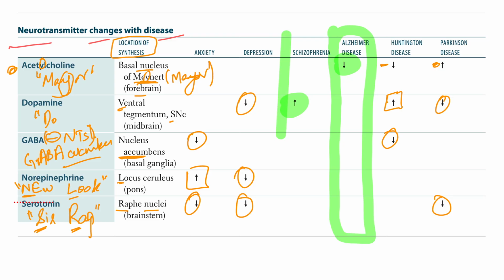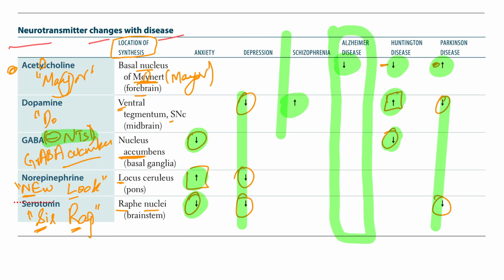In anxiety, you have low GABA, which is an inhibitory neurotransmitter, you have high norepinephrine, and you have low serotonin. In depression, you have everything low: dopamine low, GABA low, serotonin low. In Huntington, you have low acetylcholine and low GABA, but high dopamine. And then in Parkinson, you have high acetylcholine, but low dopamine and low serotonin.